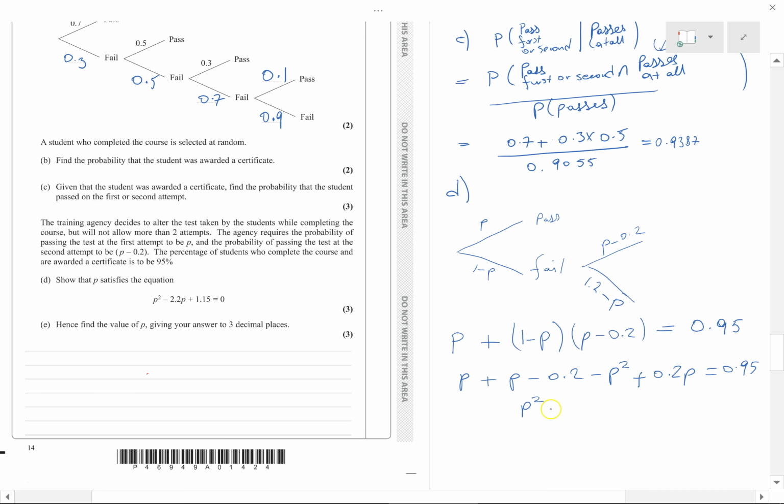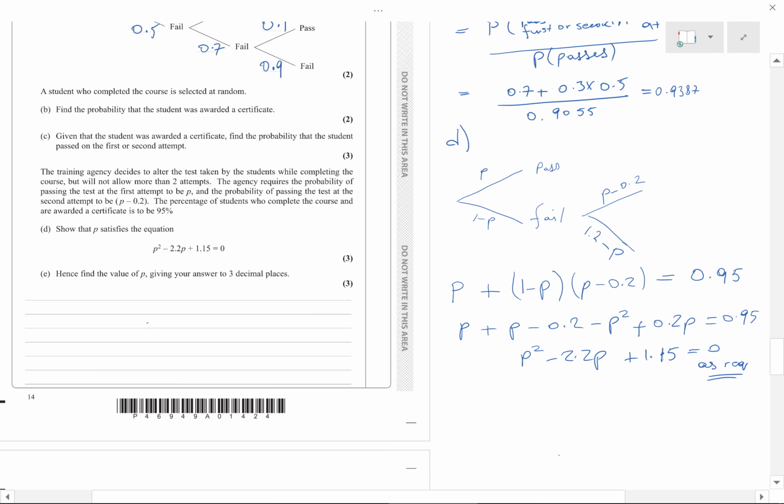P squared minus 2.2P plus 1.15 equals 0 as required. Okay, so then it's all about solving the quadratic. So we're going to do it with a calculator, because obviously we're not dealing with surds here. So I'll just write it below here.